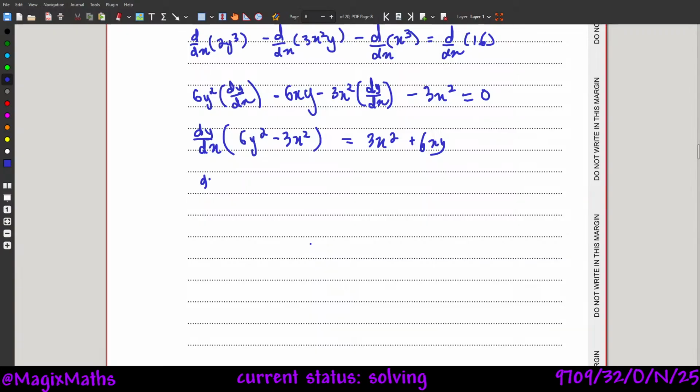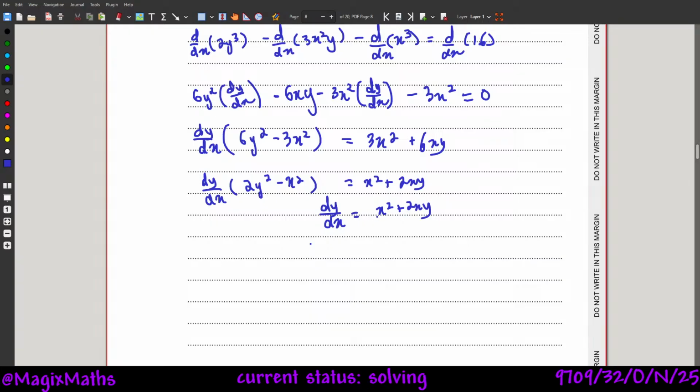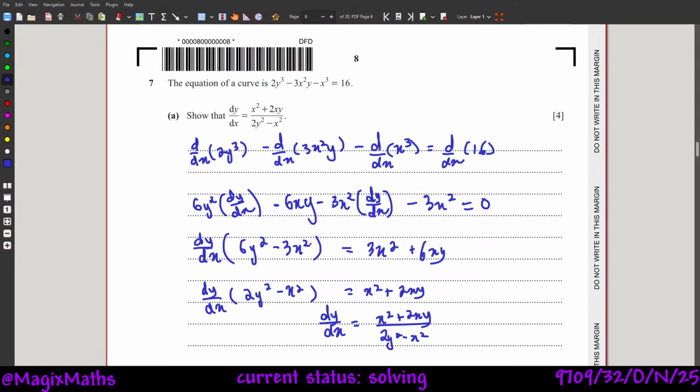So we'll have dy over dx (2y squared minus x squared) is equals to x squared plus 2xy. And finally, dy over dx is equals to (x squared plus 2xy) divided by (2y squared minus x squared). So shown.